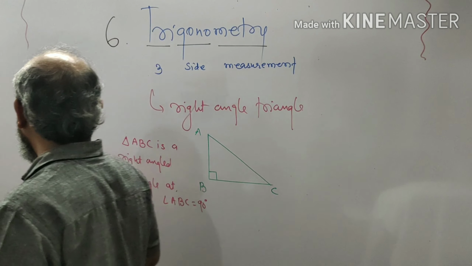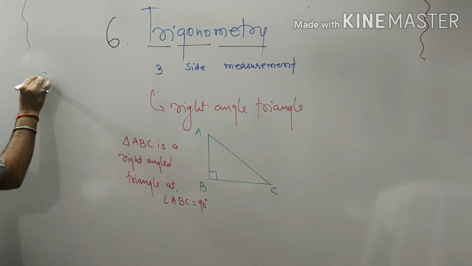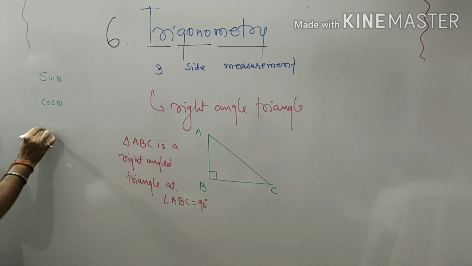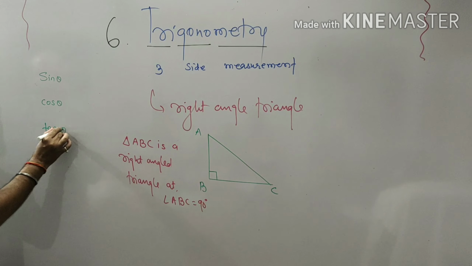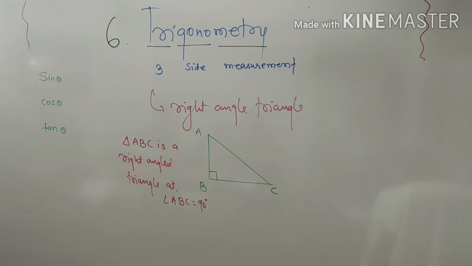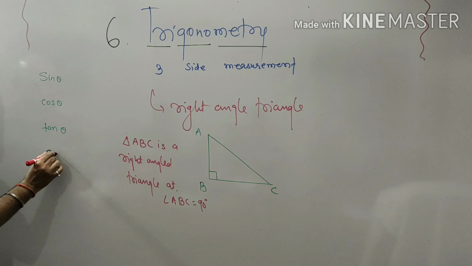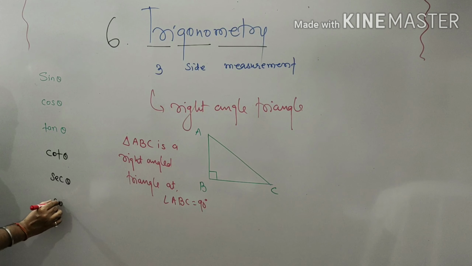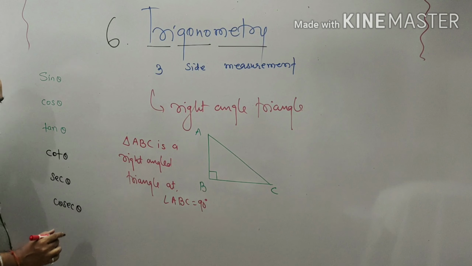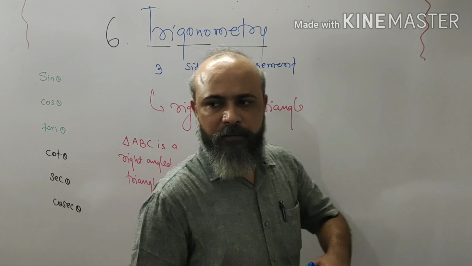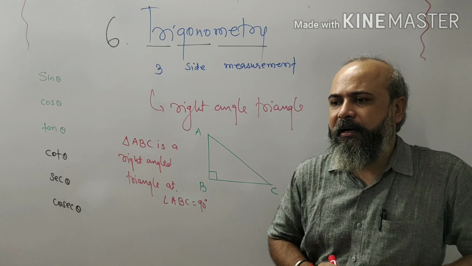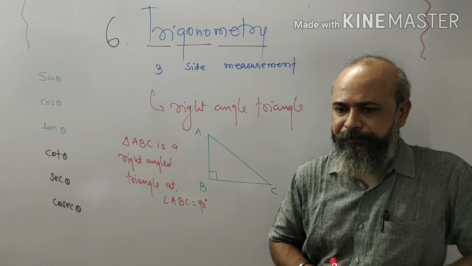Already you have studied sine theta, cos theta and tan theta, and the remaining are cot theta, sec theta and cosec theta.